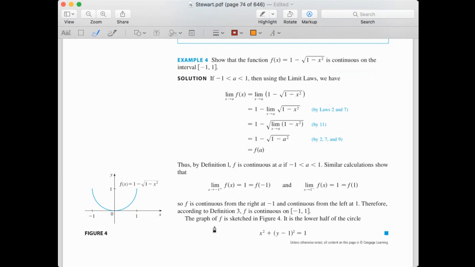So the conclusion: f is continuous. Well, the graph is just this, right? The graph from -1 to 1 is one piece of string. If we know this, what is this? This is the lower half of a unit circle with center at 0, 1.